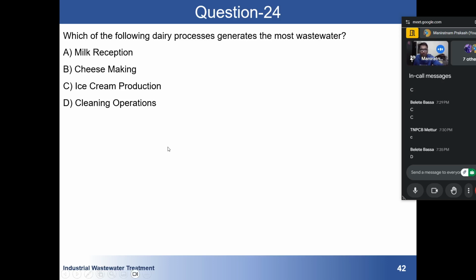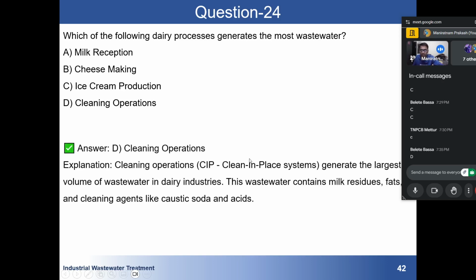D, cleaning operation. Yes, it generates the largest volume of wastewater in the dairy industry. This wastewater contains milk residue, fats, and cleaning agents like caustic soda and acids.